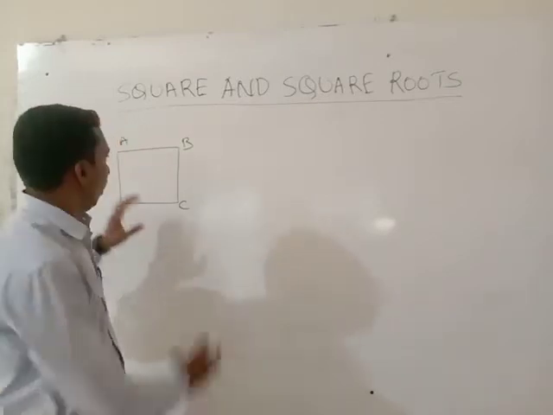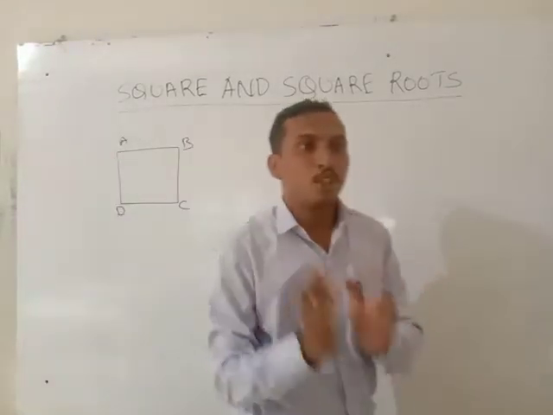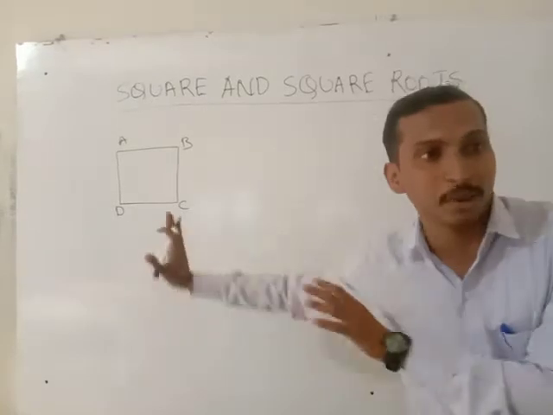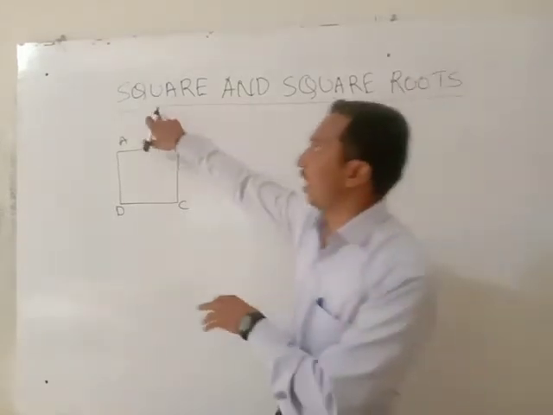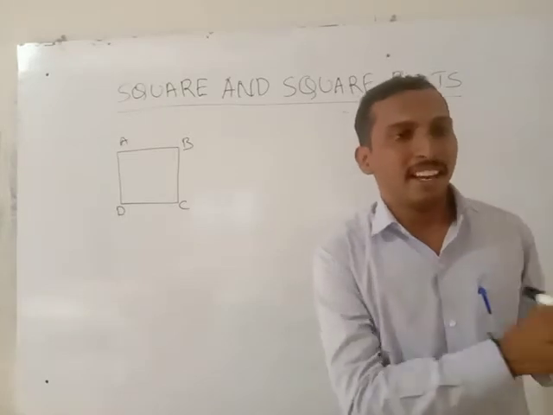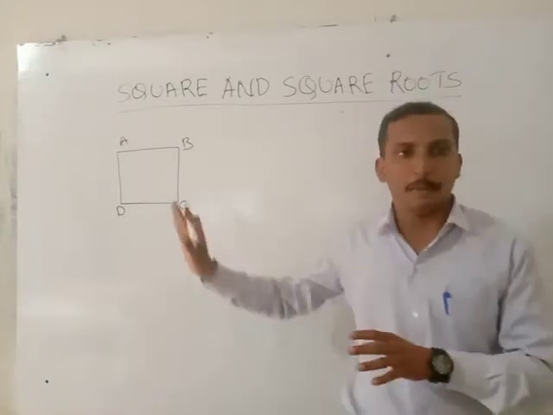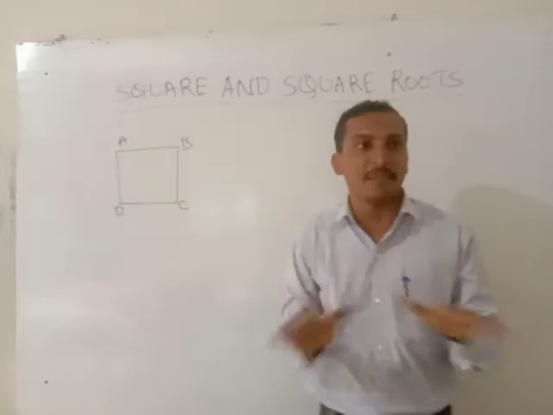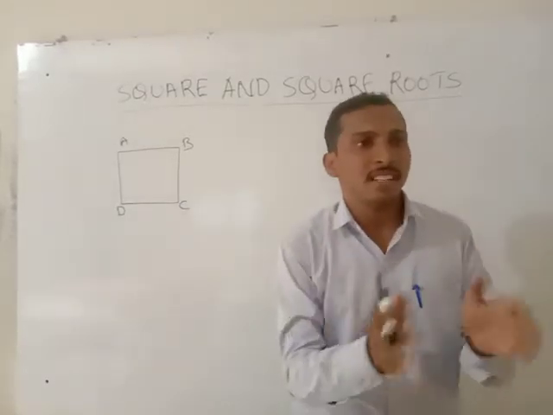But this square is the geometrical representation of the square. Here we are discussing square and square roots, which means an algebraic square. The difference between geometric and algebraic is there, but the concepts are the same.